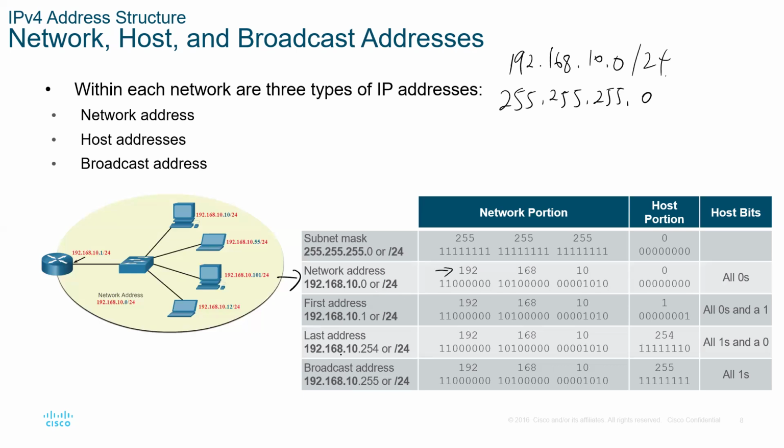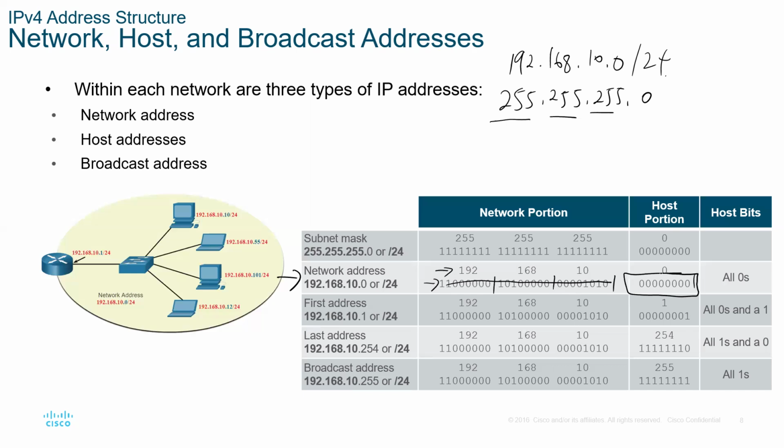This is my ID in decimal, and this is my ID in binary. This is my first 8 bits, second 8 bits, third 8 bits, and lastly, my fourth group of 8 bits. Because I have 255.255.255, these first three are my network portion, and these are my host portion.